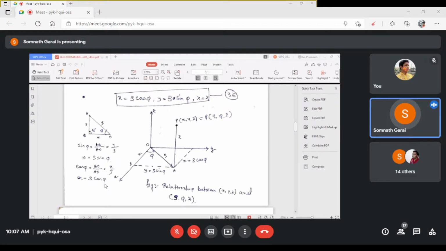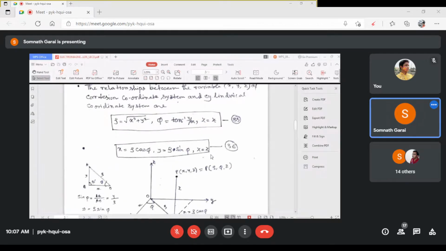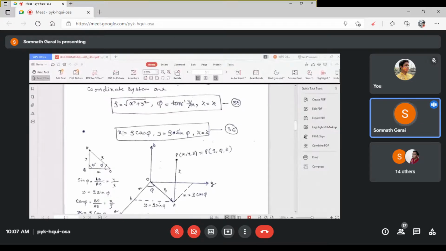And Z is equal to Z, because the cylindrical and Cartesian coordinate systems are the same in nature for the Z direction. That's why the relationship is X equals rho cos phi, Y equals rho sin phi, and Z equals Z. Okay, got my point?